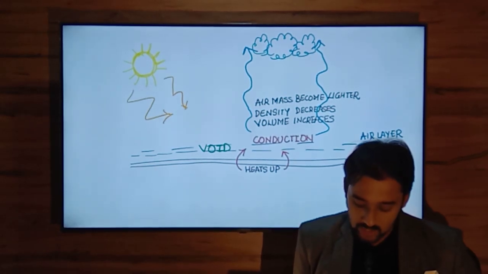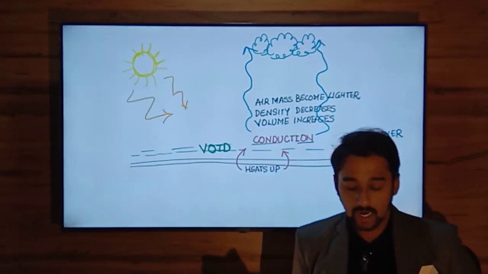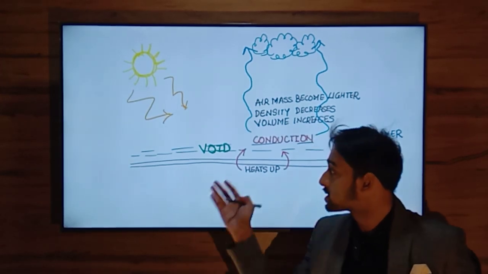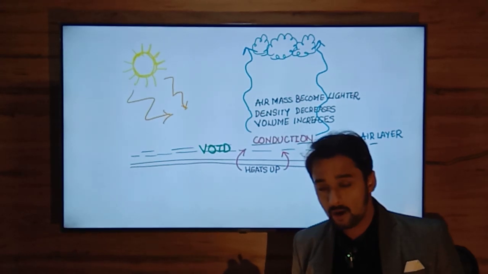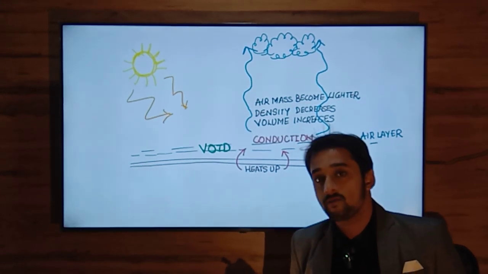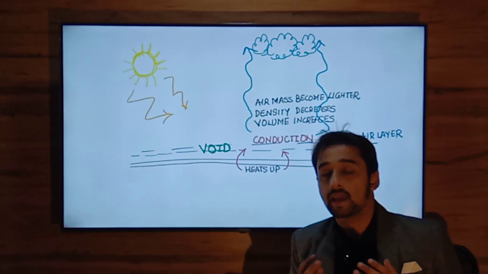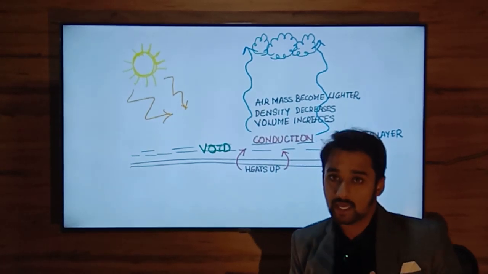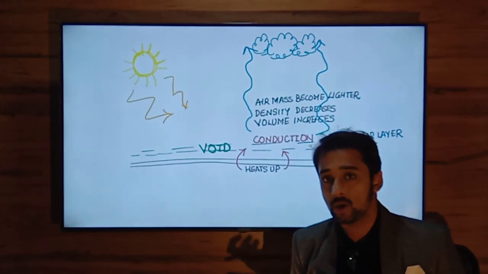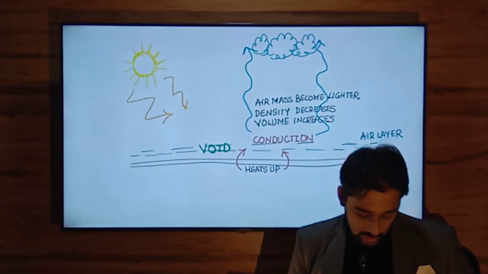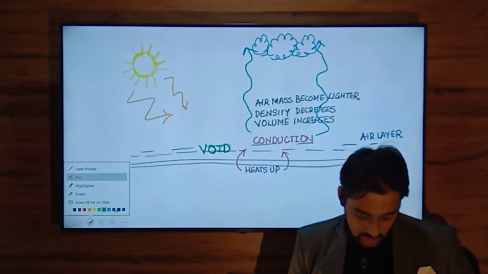Previously, before this air mass rose up in the atmosphere, it occupied this particular space close to the land, in contact with the land surface. When it rose up, a void was created, an empty space, in the position which it occupied before, and that we call low pressure.